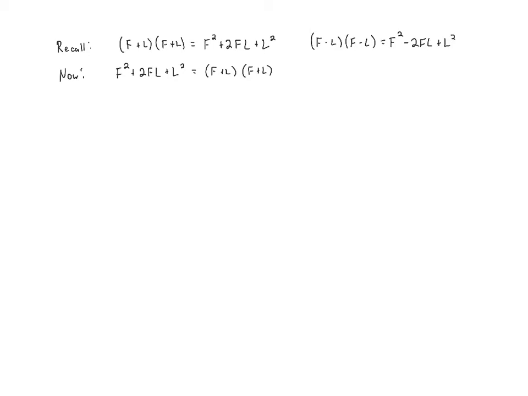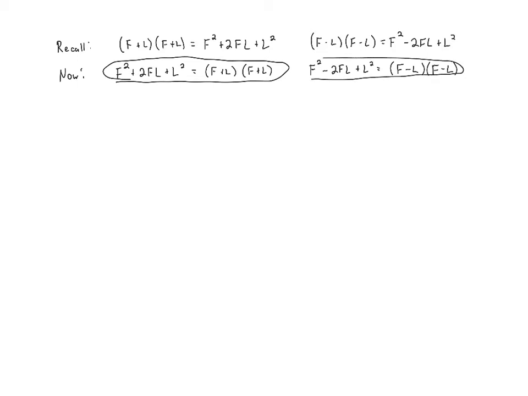If we switch the two sides of that equation, we get a special form that we can factor: f squared minus 2fl plus L squared can be factored as f minus L times f minus L. These are the two special forms that we are going to be factoring now. Let's look at some examples so you can see how this works.